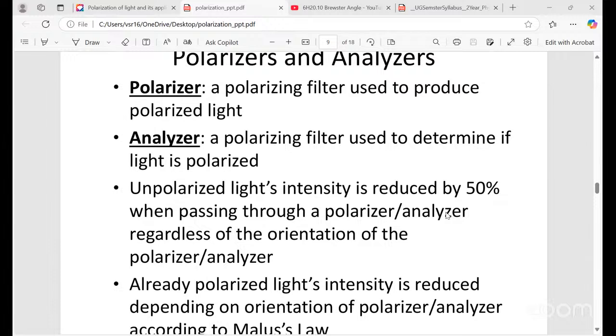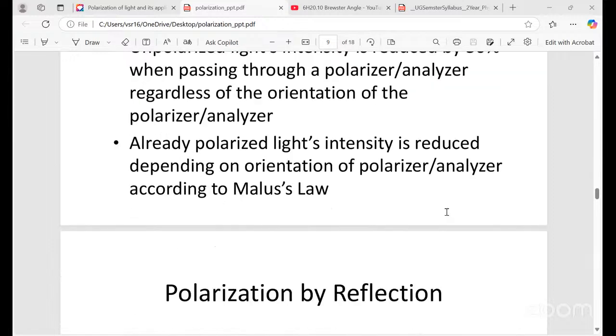So the unpolarized light intensity is reduced by 50% when it passes through a polarizer or analyzer, regardless of the orientation of the polarizer or analyzer. Already polarized light's intensity is reduced depending upon the orientation of the polarizer or analyzer, according to Malus's law.